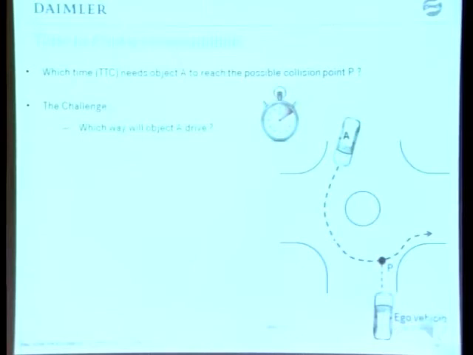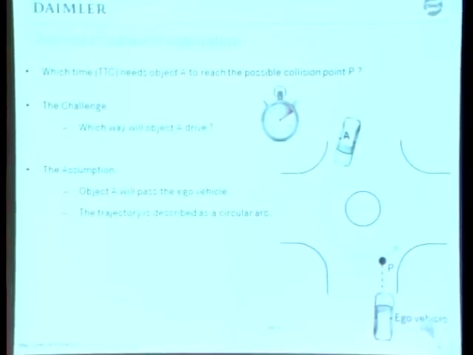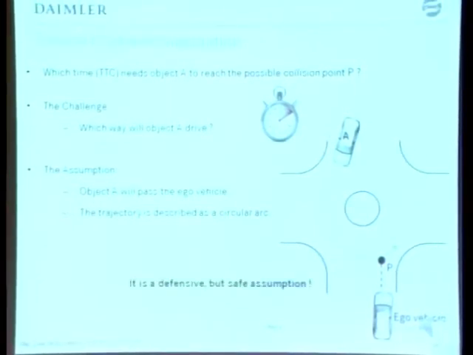In our case, we assume that all objects pass the possible collision point, and so we can describe the expected trajectory as a circular arc. This is a very defensive assumption, but from the view of a driving assistance system, a safe assumption.